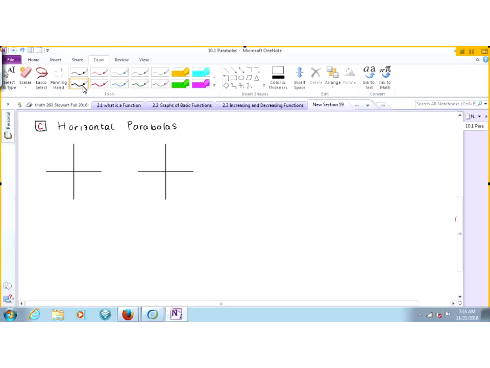There are two kinds of horizontal parabola, and remember, I'm not graphing them correctly. So this is x, y. Now, the equation for a horizontal parabola is y squared is equal to 4px.